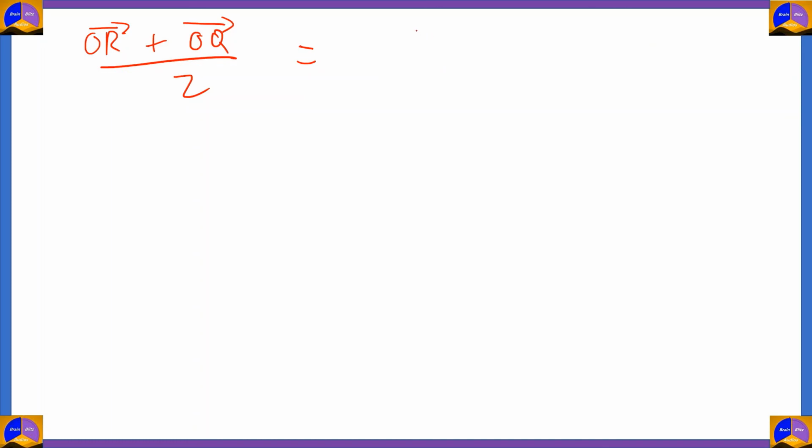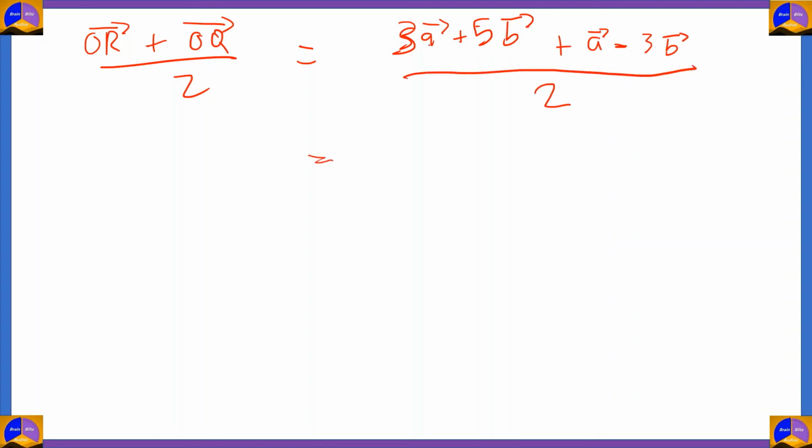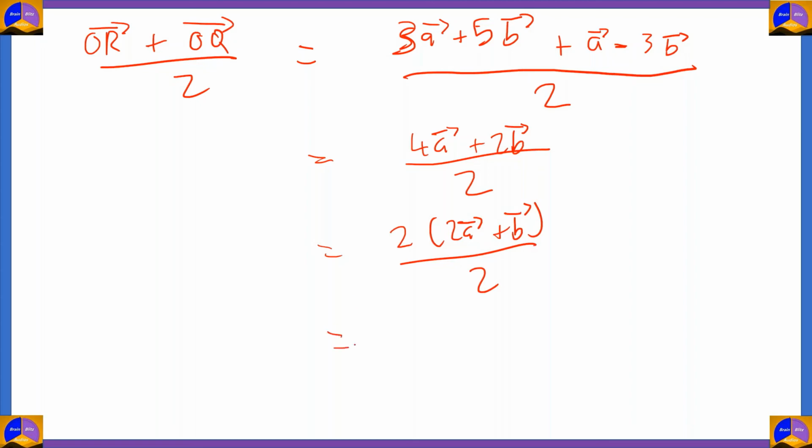That will be equal to 3 vector A plus 5 vector B plus vector A minus 3 vector B, divided by 2. 3 vector A plus vector A gives 4 vector A. 5 vector B minus 3 vector B gives 2 vector B, the whole divided by 2. We can take 2 common, so 2 times 2 vector A plus vector B, divided by 2. The 2 gets cancelled, so we get 2 vector A plus vector B.